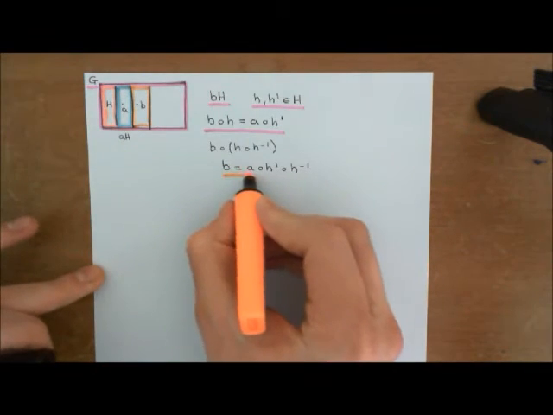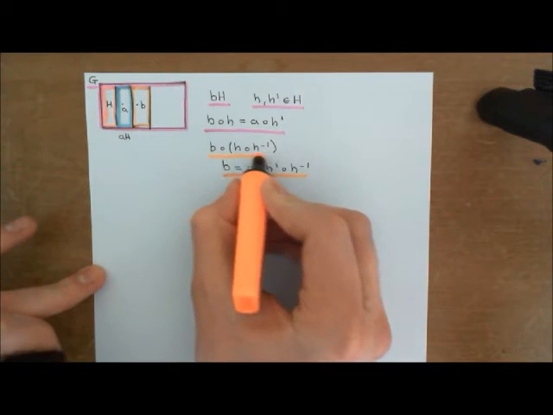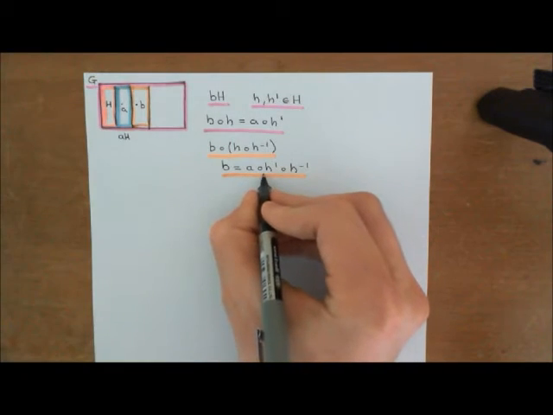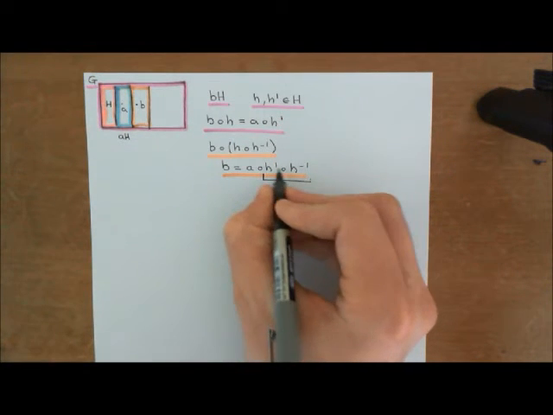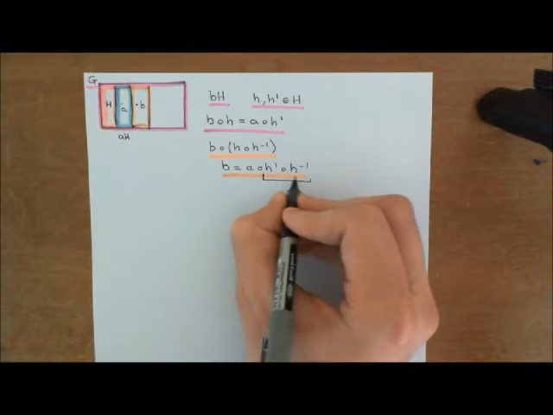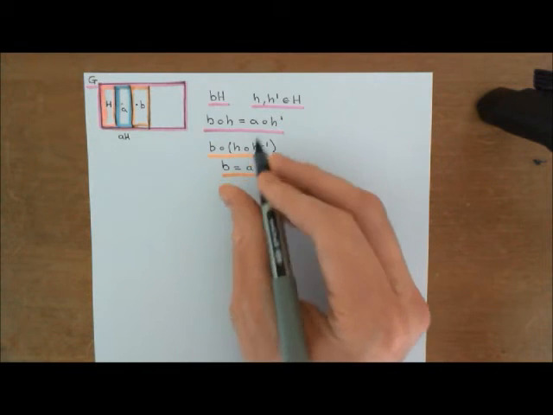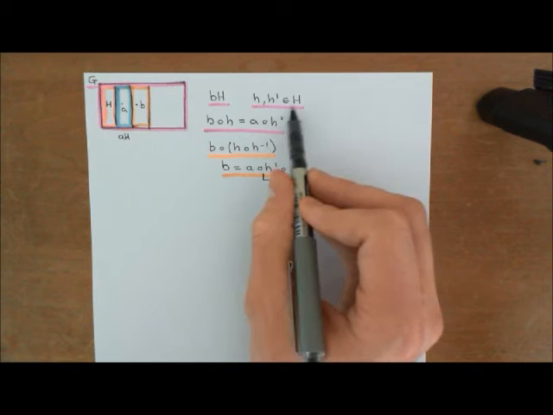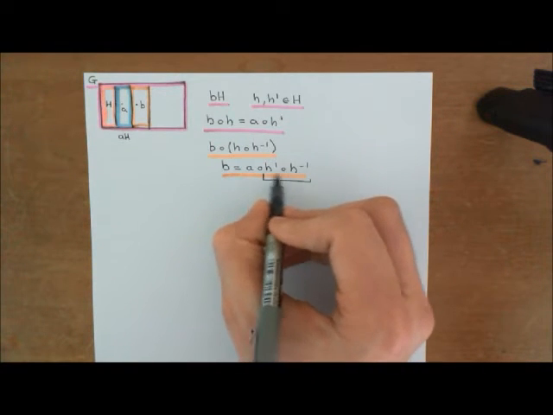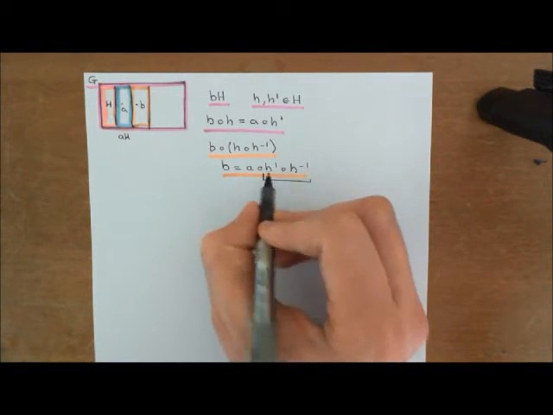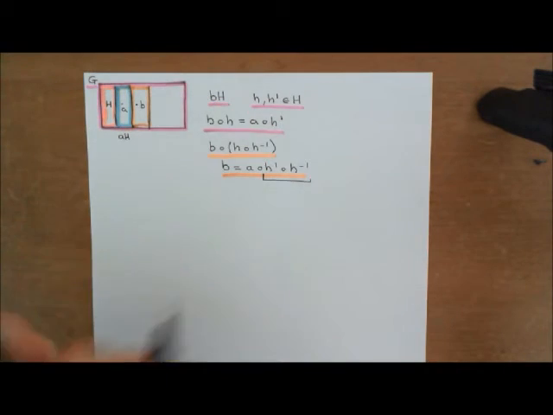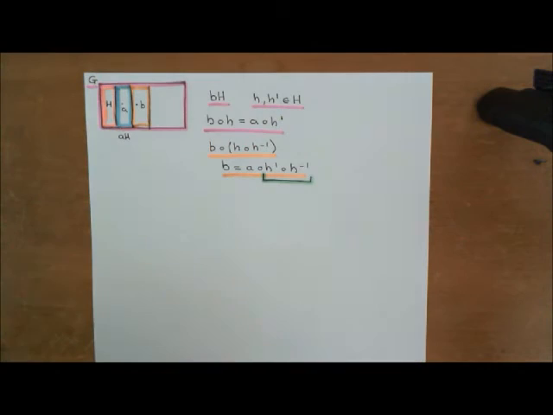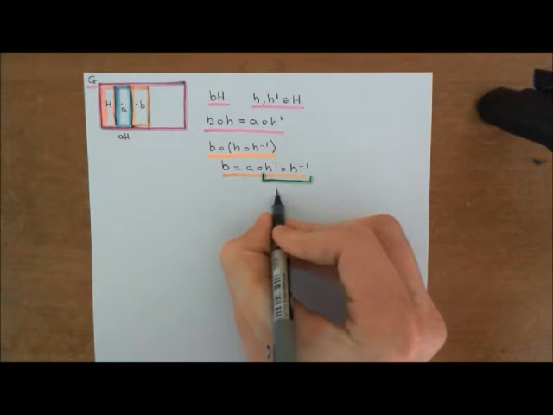Now why is that very interesting? Well, we've got little h prime here composed with little h inverse. Little h was assumed to be an element of the subgroup, so little h inverse will also be an element of the subgroup, and when we compose two elements of the subgroup together, as we're doing here, composing little h prime with little h inverse, we end up with some other element of the subgroup, so we could call this little h bar.